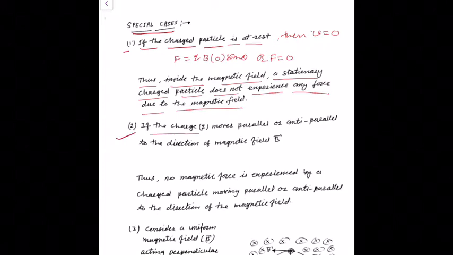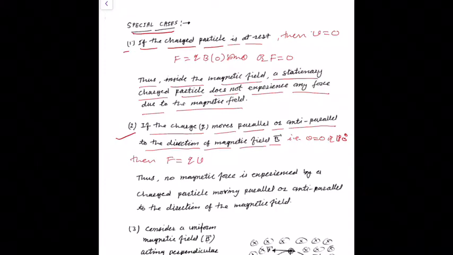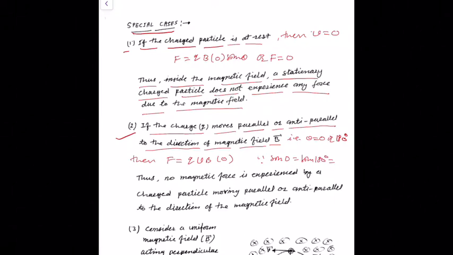Second case, if the charge q moves parallel or anti-parallel to the direction of magnetic field B vector, that is theta equal to 0 or 180 degree, then F is equal to qvB times 0, which is 0, since sine 0 is equal to sine 180 degree is equal to 0.